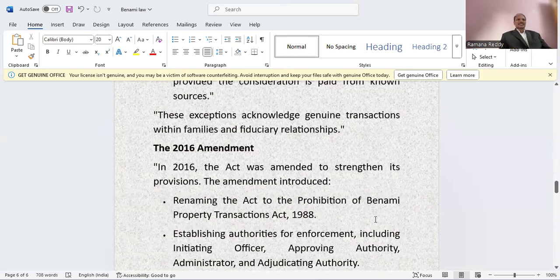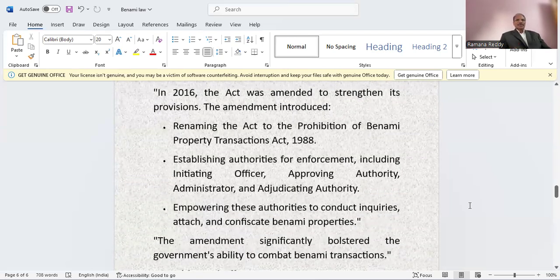There is an amendment in 2016. The Act was amended to strengthen its provisions. The amendment introduced renaming the Act to the Prohibition of Benami Property Transaction Act, 1988. It also established authorities for enforcement, including the initiating officer, approving authority, administrator, and adjudicating authority, empowering these authorities to conduct inquiries, attach, and confiscate Benami properties.